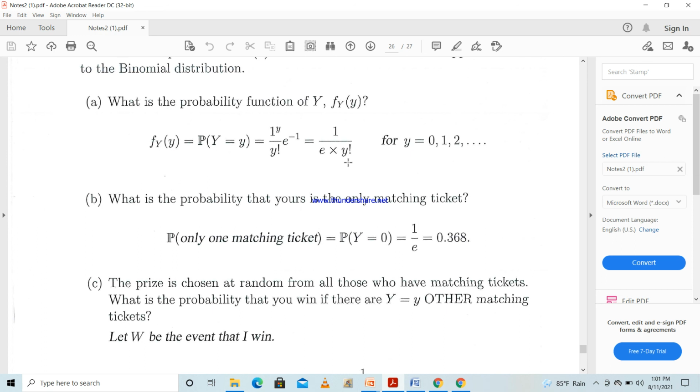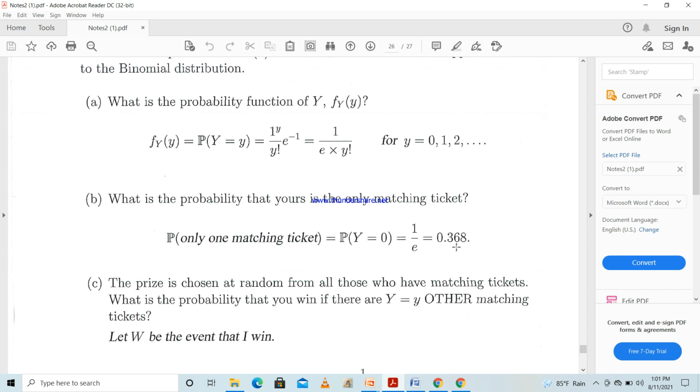If you substitute y as 0, that is 1 over e times factorial 0, that is 1 over e, which is 0.368. So this is the probability that you will win if you have the only matching ticket with the winning numbers.